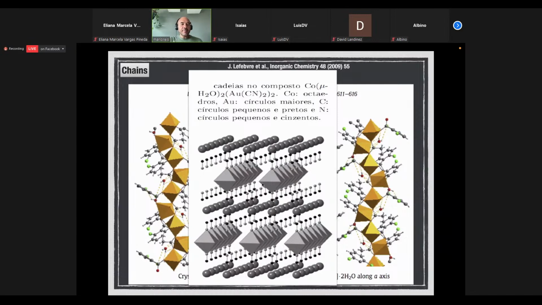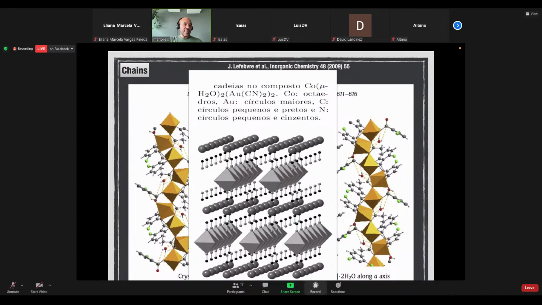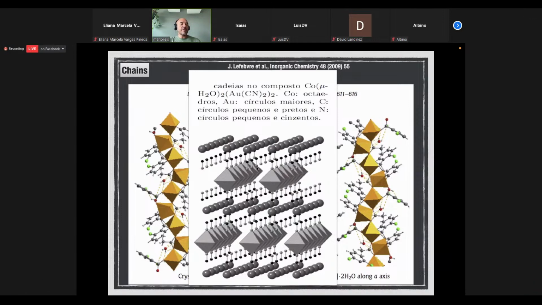Here, you can see for this zigzag chain, the connection of the octahedra is very different from the connection of these octahedra here. And the structure of the material is very different. And it makes the magnetic properties of the material different. Okay.